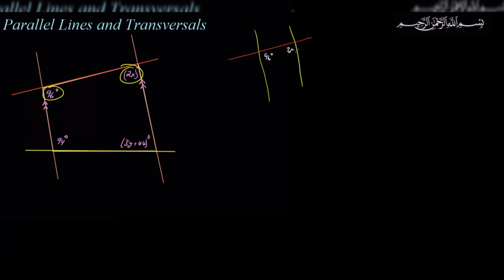So you can see that these are consecutive interior angles. So 96 and 2x are consecutive interior angles for these two parallel lines.